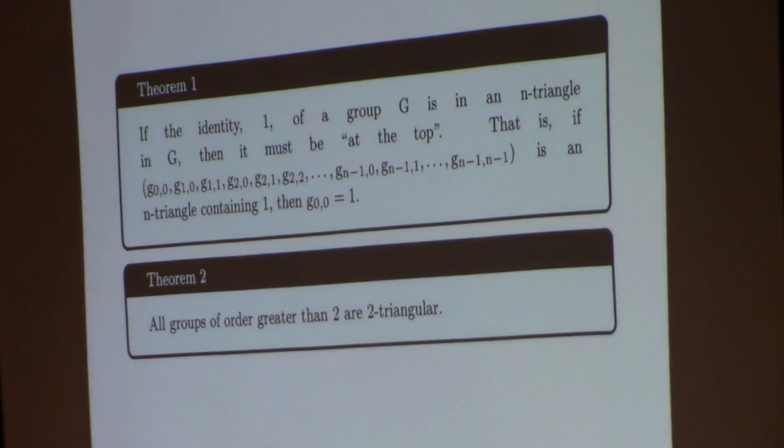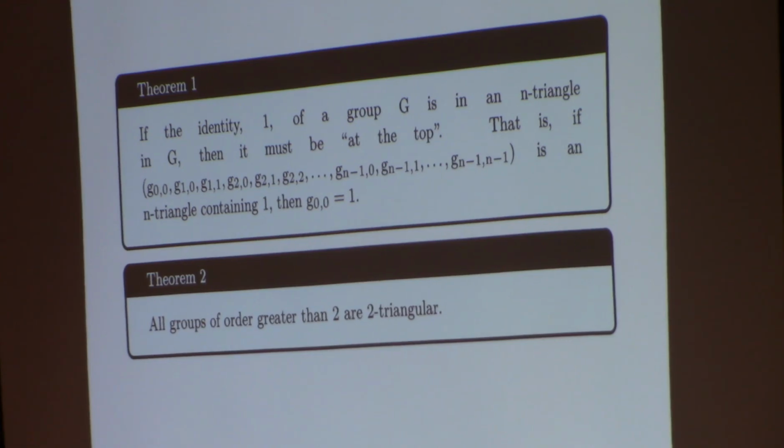And then we also get that as long as a group has at least 3 elements, it's going to be 2 triangular. Okay? All groups. So everything except for the trivial group and the cyclic group of order 2, everything else is 2 triangular. Right? You can see that you just take, there's 2 different situations.